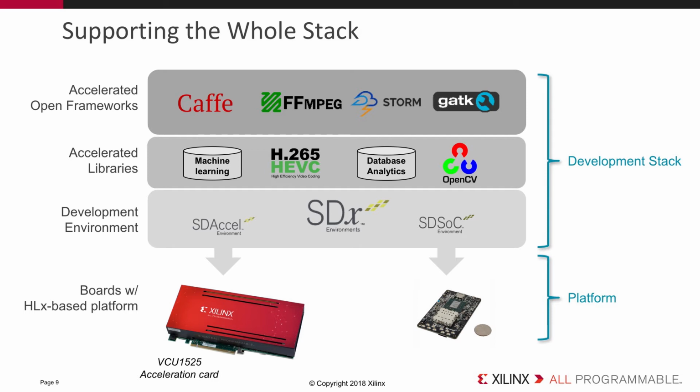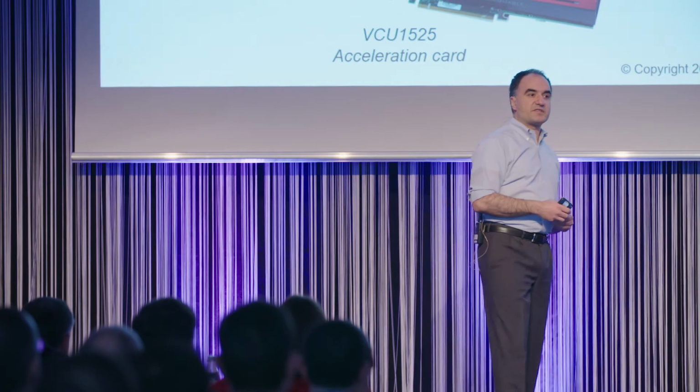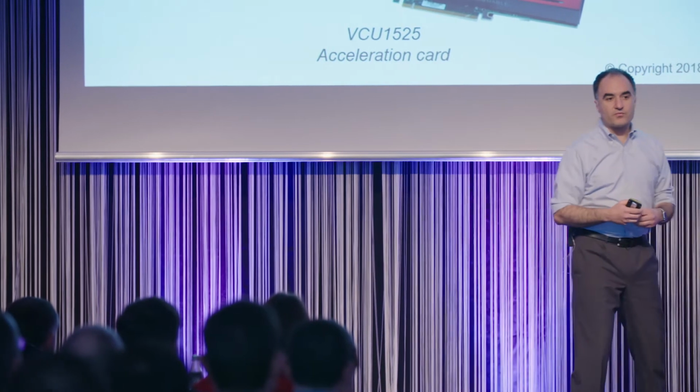So we already have OpenCV for computer vision. We're starting to have different machine learning libraries. And we use those to accelerate industry standard frameworks like Caffe, for example, or MXNet for machine learning, or FFmpeg for video transcoding. Storm, we have customers who have accelerated Apache Storm for streaming analytics, and GATK for the genomic toolkits.